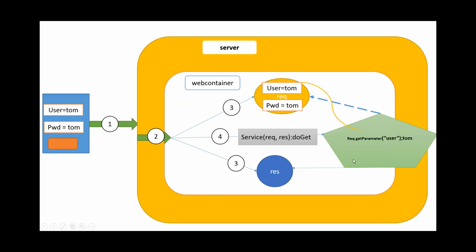So it will retrieve the data. In order to retrieve the data, you have got a method called request.getParameter of user. And if you want to retrieve the second parameter, you have got a method called request.getParameter of password. Is this clear? Yes, it is clear. Okay.